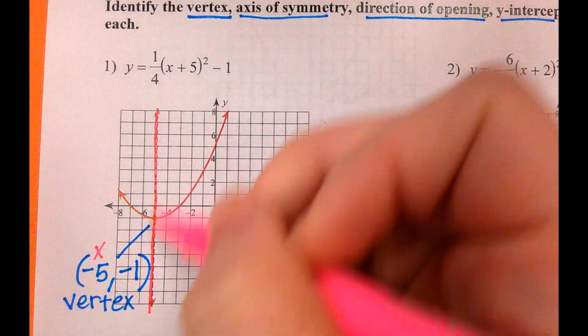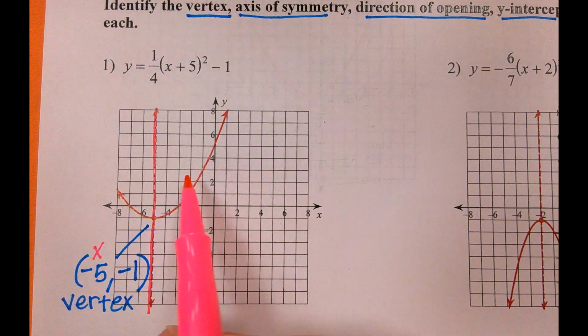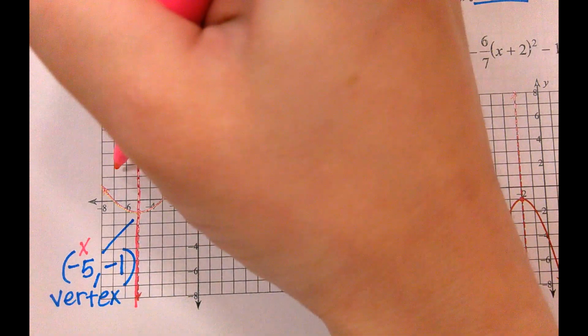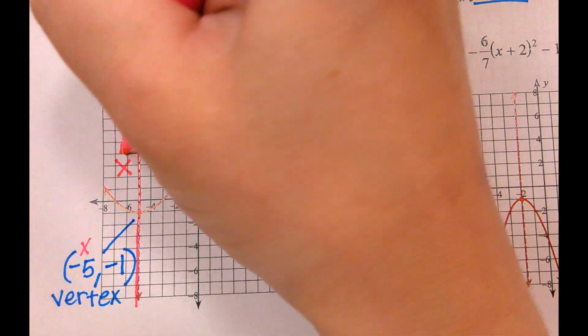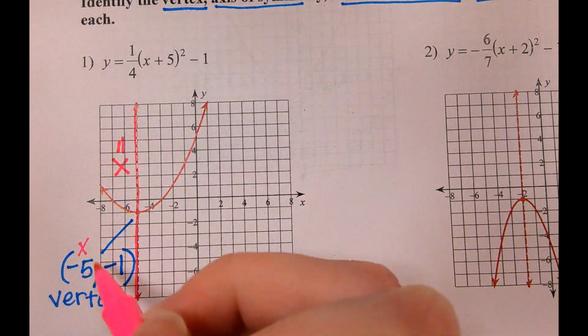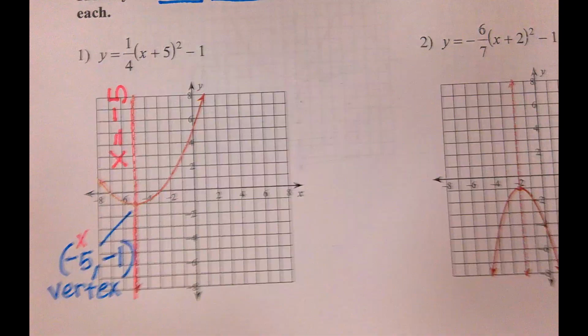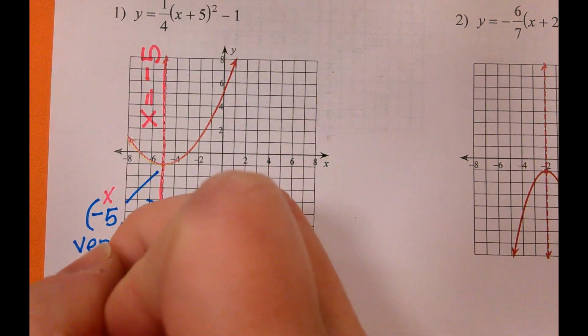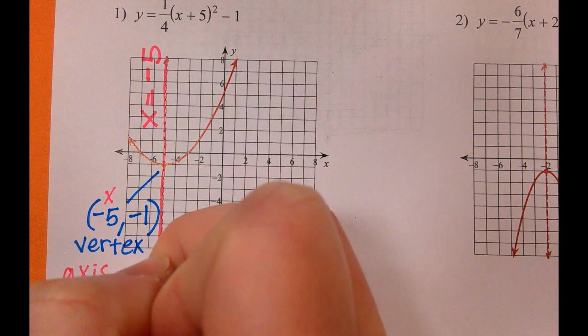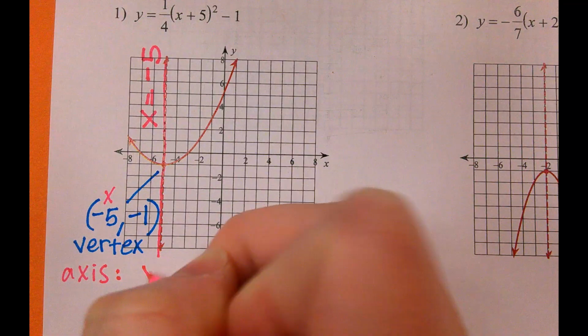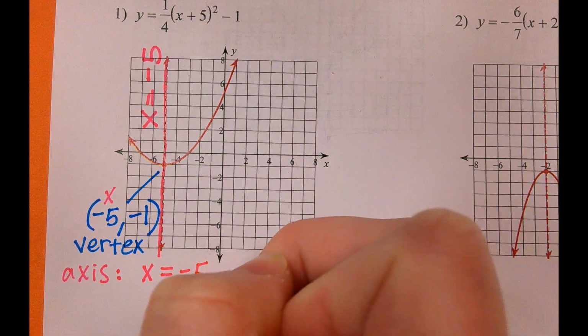It's that line where both sides are equal going through the vertex, and it is x equals the same x as the vertex, -5. So down here I'll write axis, x equals -5.